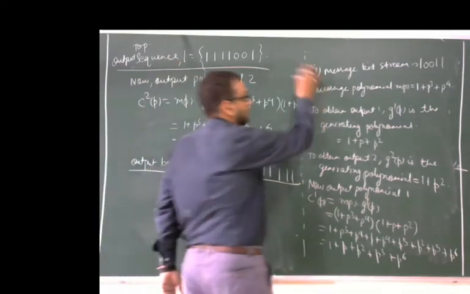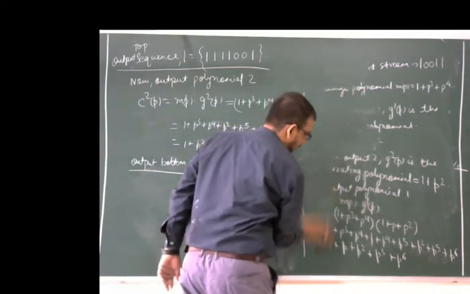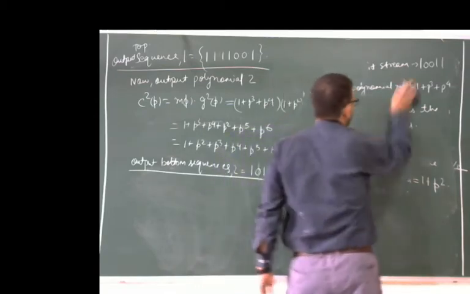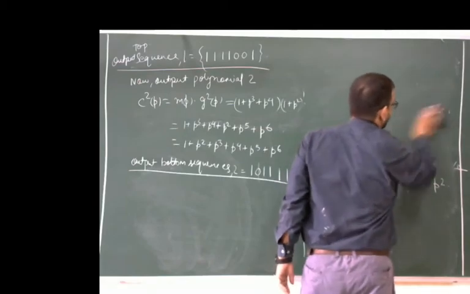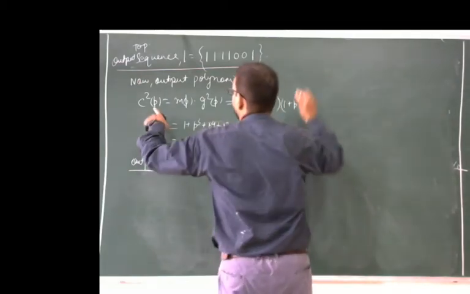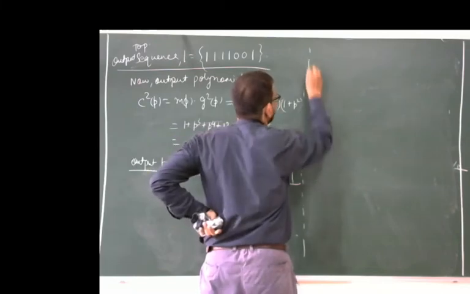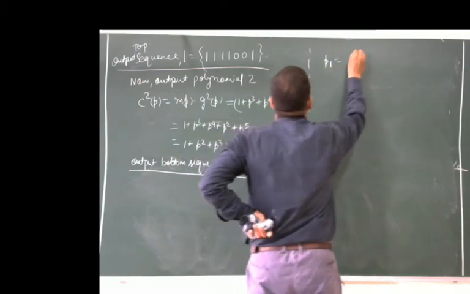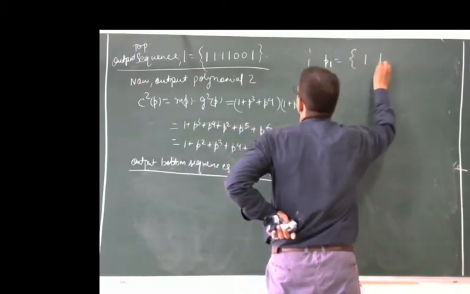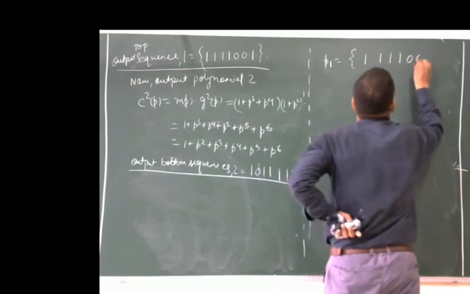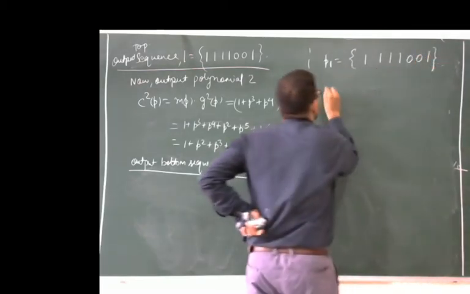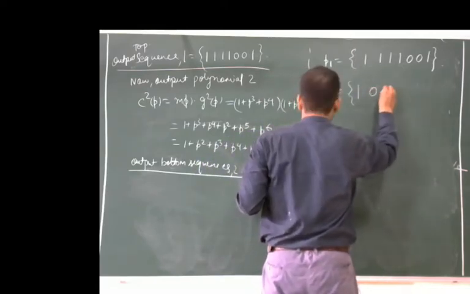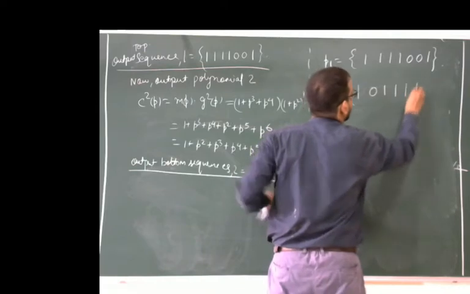Simply we have to multiplex or interleave to get the final output code word, which is written like this. We have to multiplex 1 by 1 bits from the bit streams. We know the output sequence P1 is equal to 1 1 1 1 0 0 1, and output sequence P2 is equal to 1 0 1 1 1 1 1.